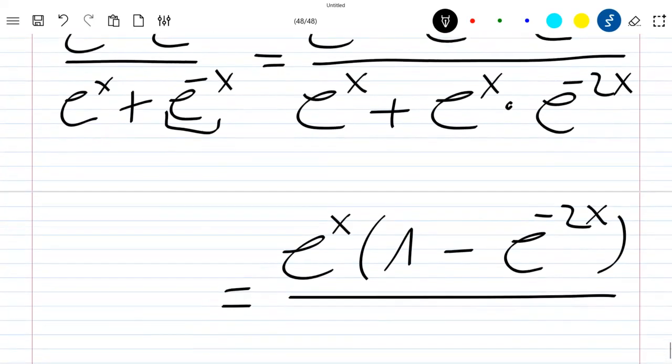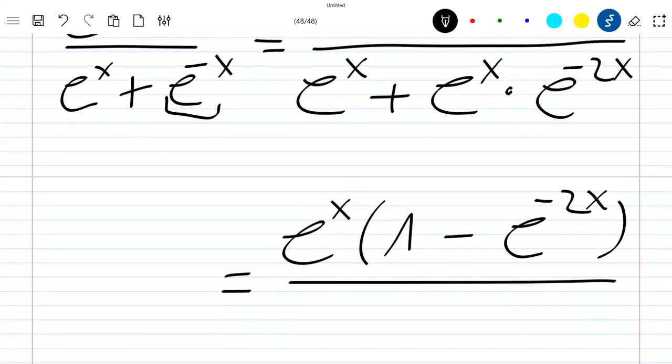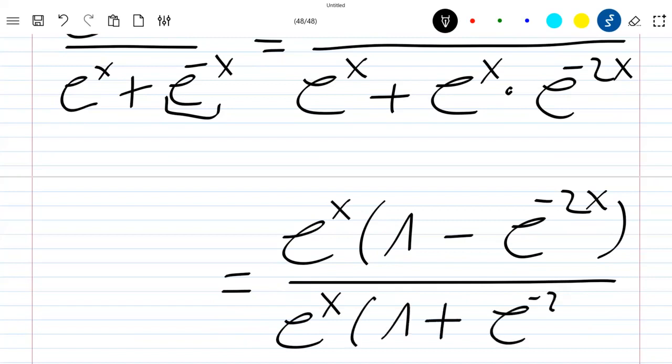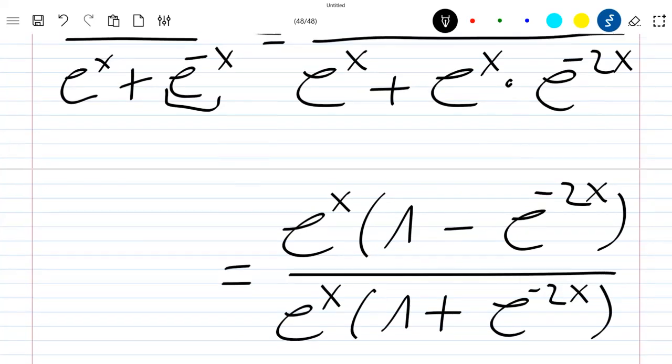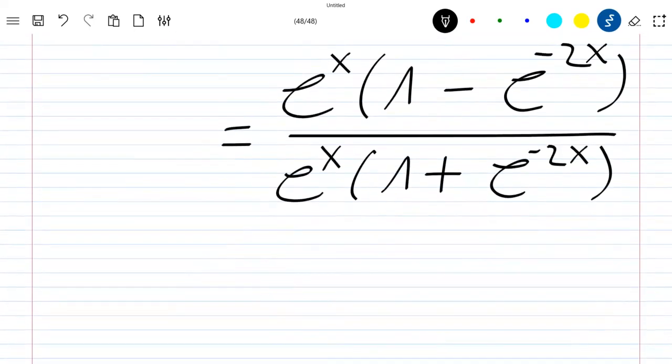And here down we have the same thing divided by exponential x times 1 plus exponential minus 2x. Okay, you can see that we can directly divide here by this exponential.